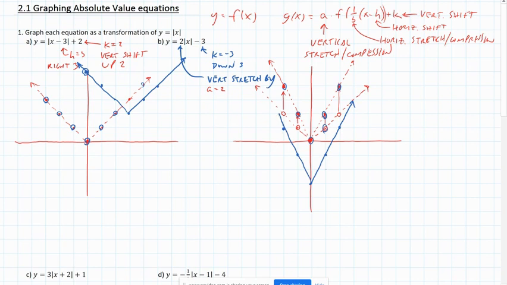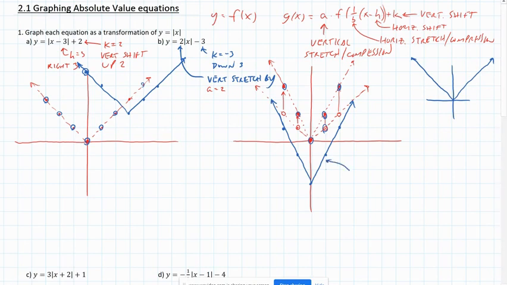So notice that on the parent graph, the slopes of a normal absolute value graph, if we just look over here at the side of a normal absolute value graph, the slopes here are all 1. And the slopes here are all negative 1. So what the multiplier of 2 does is it causes our new graph to have a slope here.